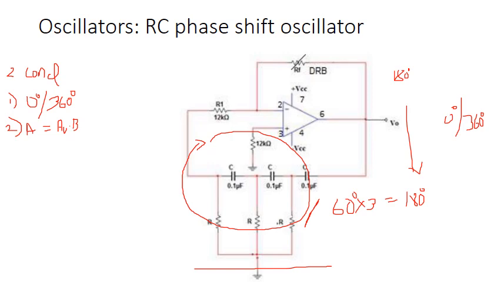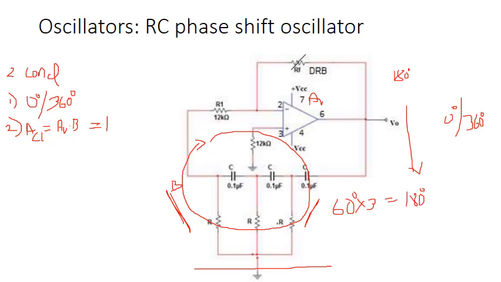This is a feedback network over here. So the attenuation B over here and then AV of this should be equal to unity. So ACL, the closed loop gain of the entire circuit, should be equal to unity.